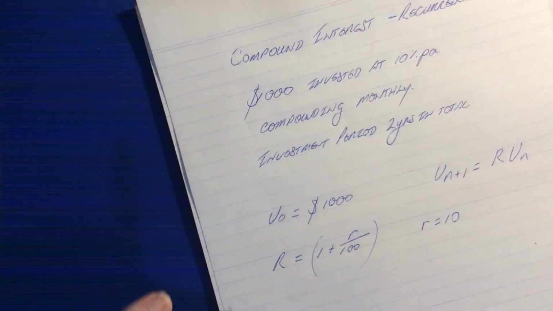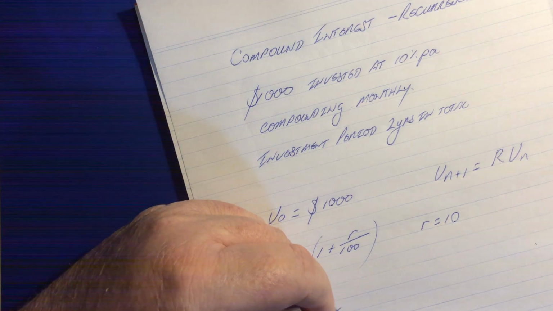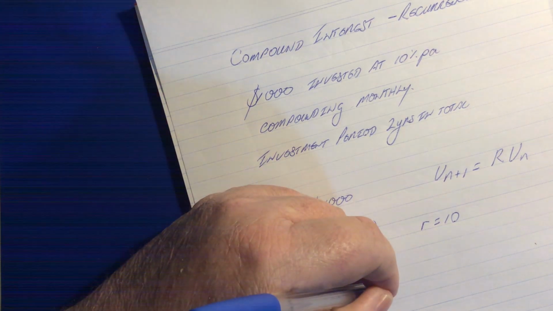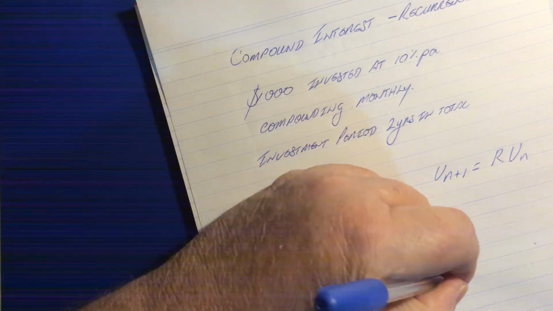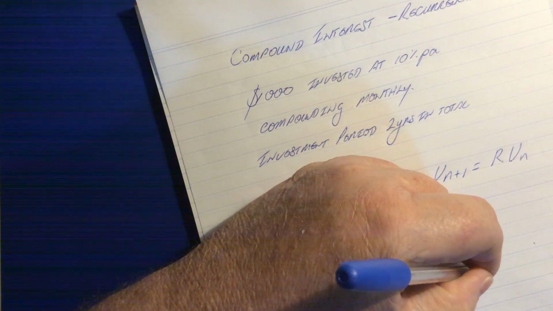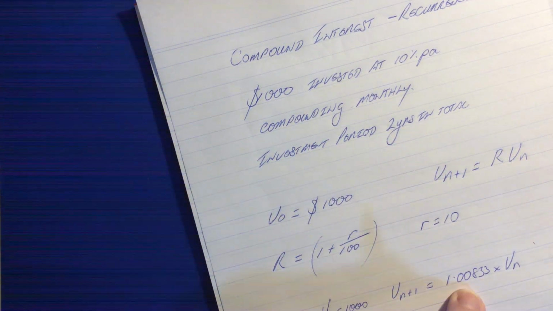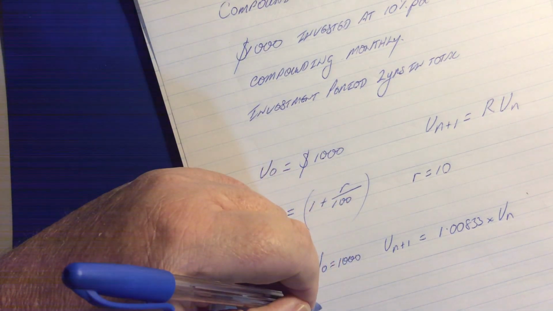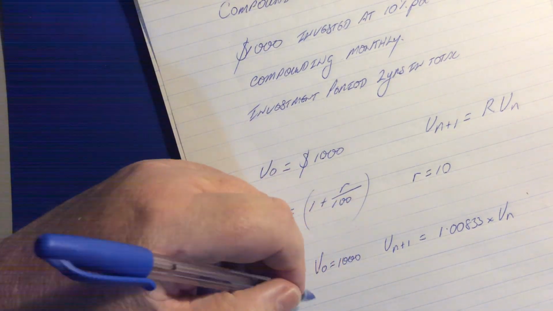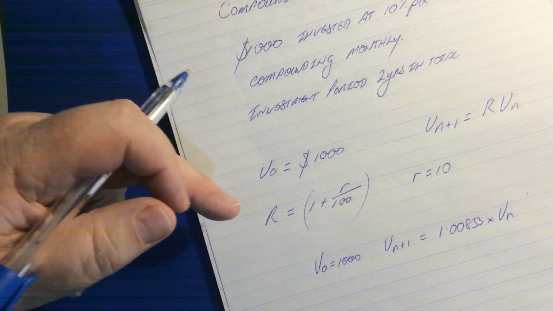So, to reiterate, V0 equals 1,000, Vn plus 1 equals 1.00833 times Vn, and it doesn't matter what order we put these in. So what we're looking for is the value of this after not 1 month, but 24 months.